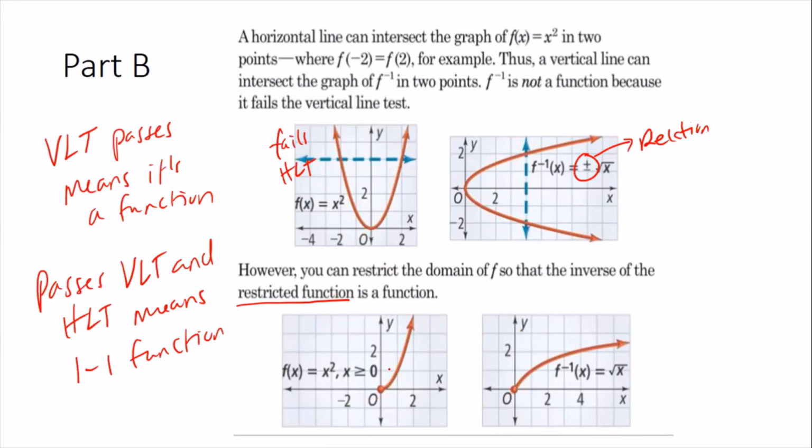Okay, and so now this passes, so this will pass vertical line test and horizontal line test, which means that its inverse is a function. So what we're going to talk about today is domain and range and how the restrictions work for square root and quadratics. Okay. All right, let's dive in.